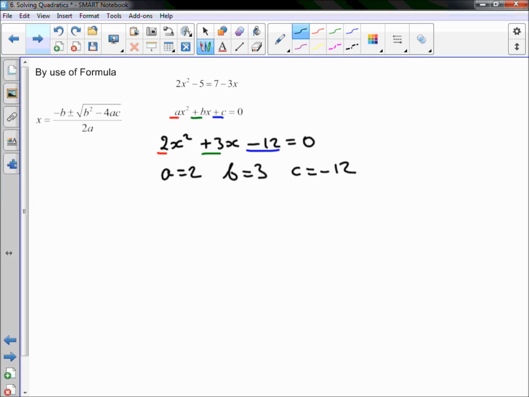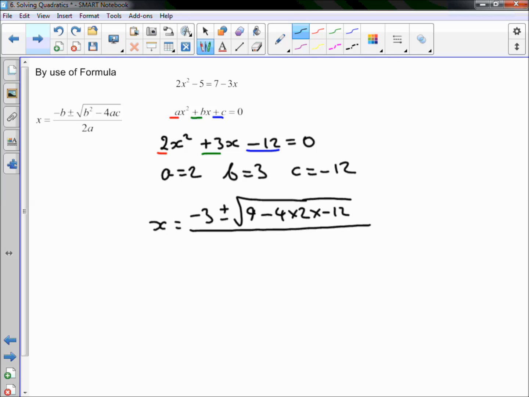So we're going to have x equals minus b, so that's minus 3, plus or minus the square root of b squared, so 9, minus 4 times a times 2, times c times minus 12, all over 2 times 2. So what does that give me?